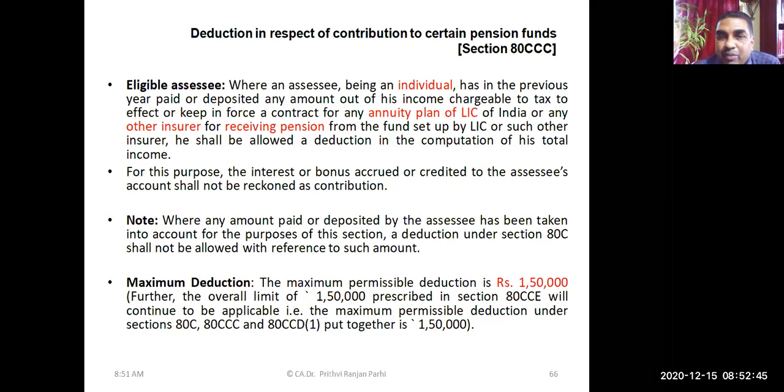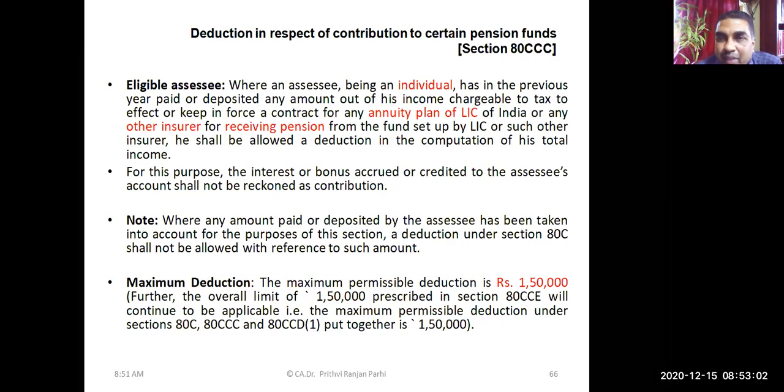However, if interest is received or bonus is credited to the assessee's account, that will not be treated as a contribution. When premium is paid, that will be treated as a contribution.